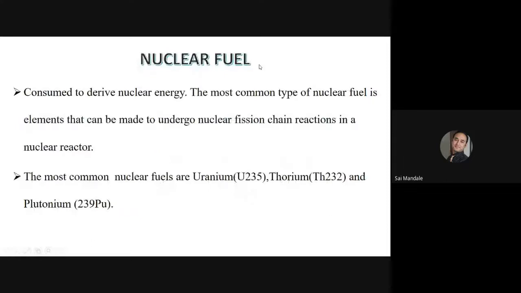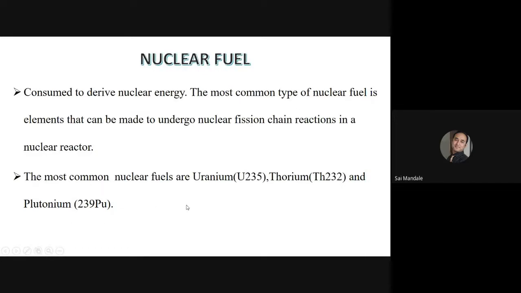Nuclear fuel. So, what are the different nuclear fuels? The most commonly used nuclear fuels are uranium, that is U-235, and thorium-232. These are the two basically used nuclear fuels. But along with that, we can use plutonium. Plutonium-239 is also a nuclear fuel.